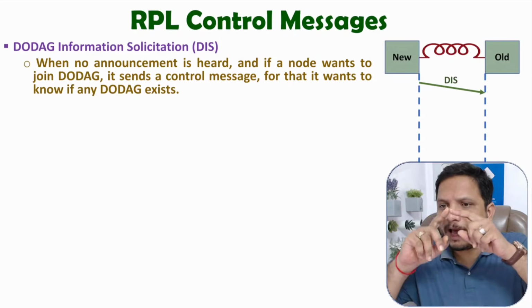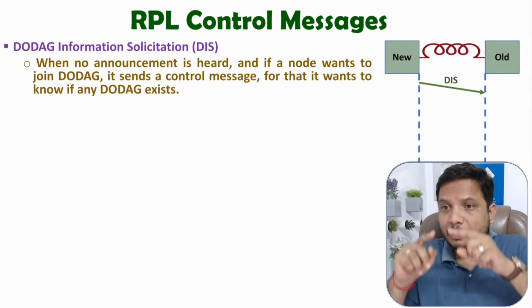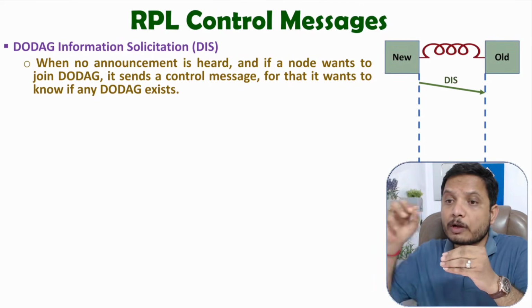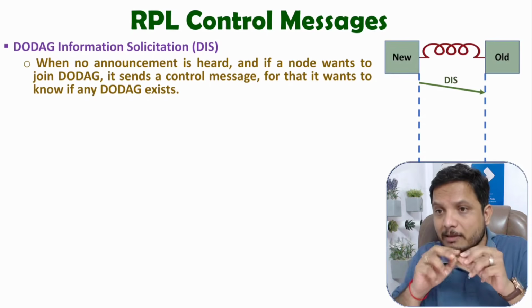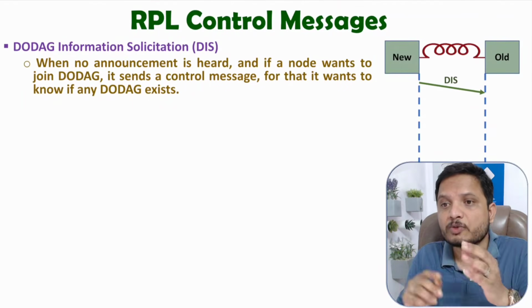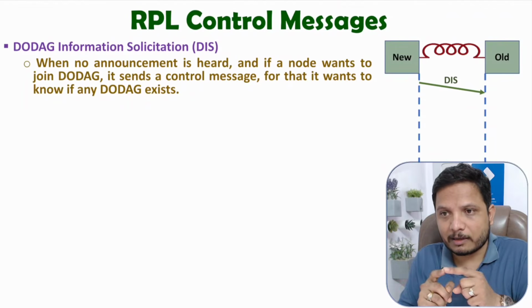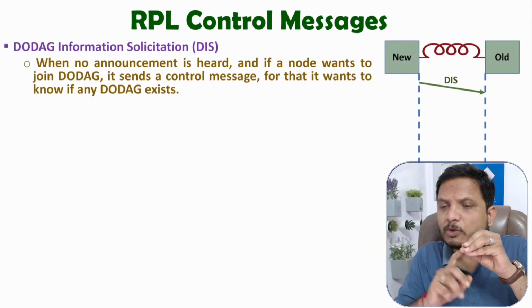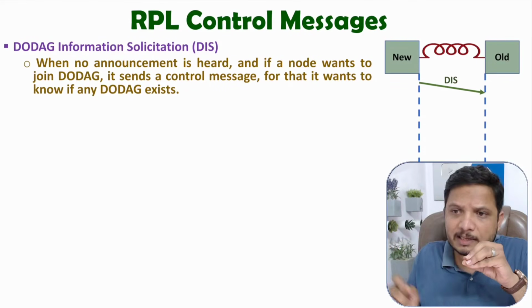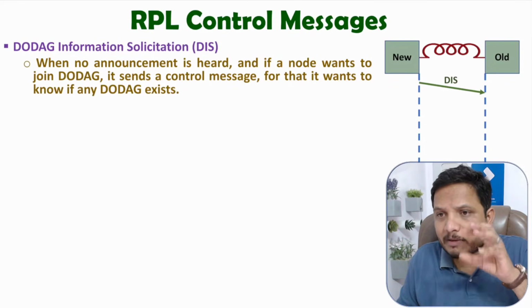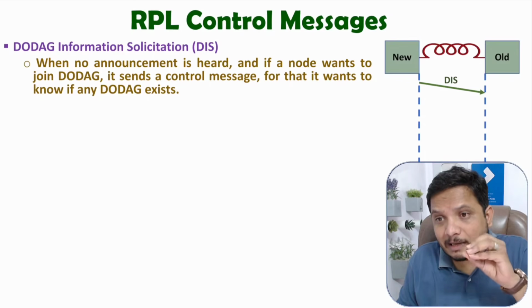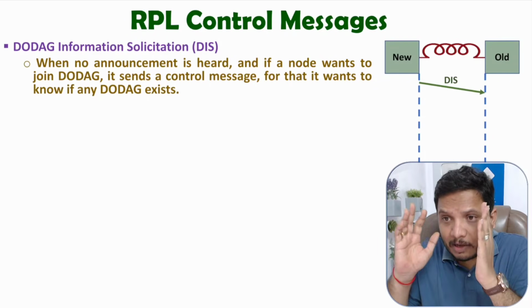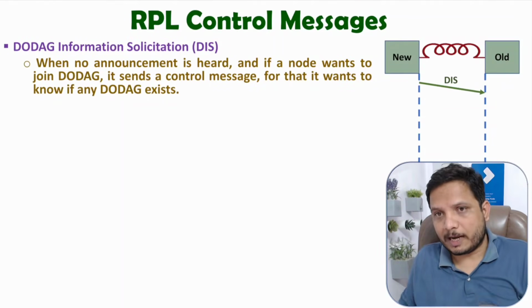When you have an existing DODAG network and a new node comes, that new node may want to join the given DODAG network. So this new node will forward this message to any node existing in the network, asking whether a DODAG network exists or not.